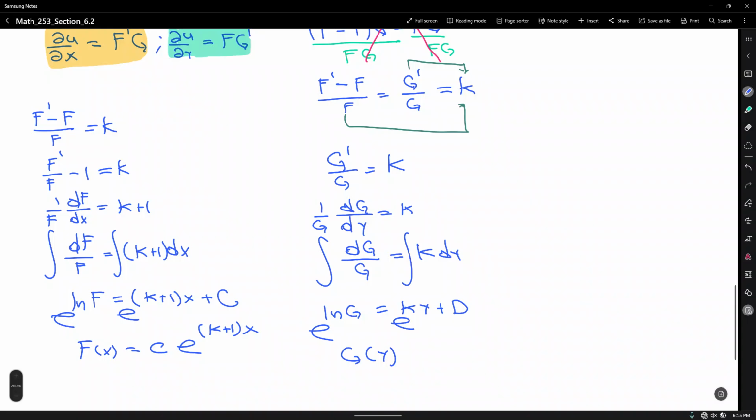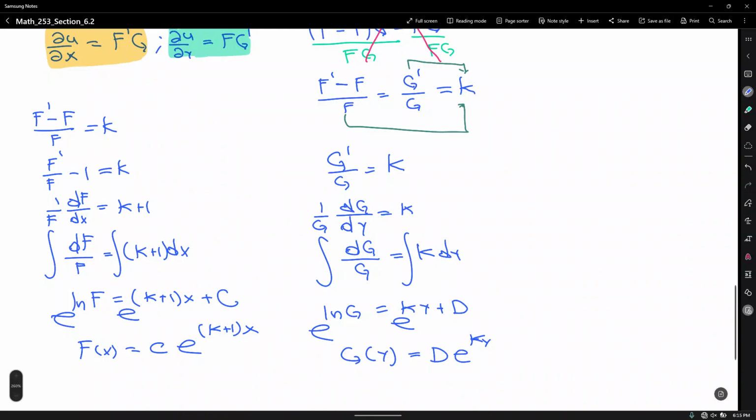At this point, that's where I bring back the variable these functions depend on, in this case x and y respectively for f and g. That is equal to e to the D, which is simply D, e to the ky. And we're essentially done finding the two functions whose product will be the solution to the given PDE.